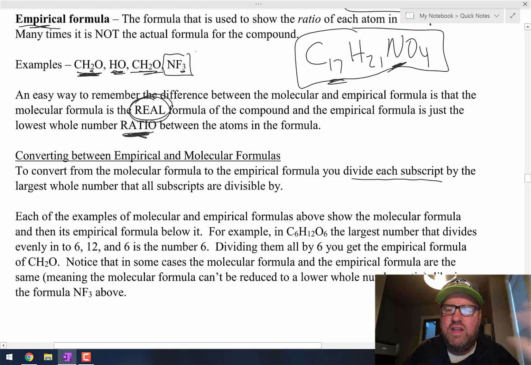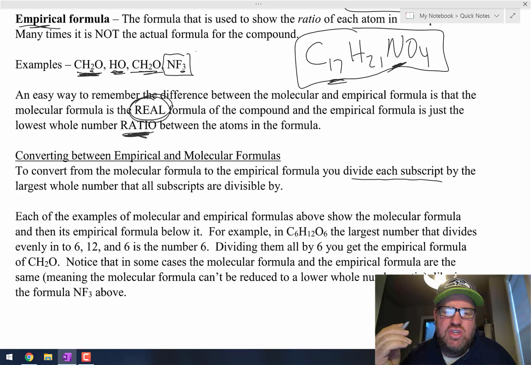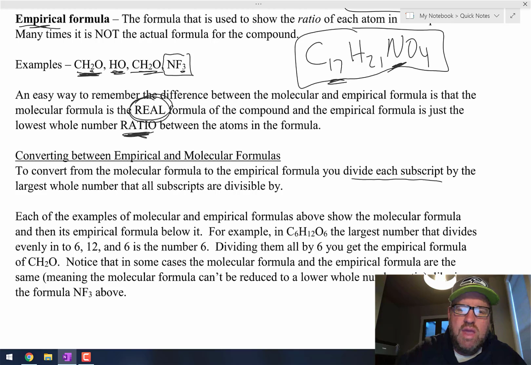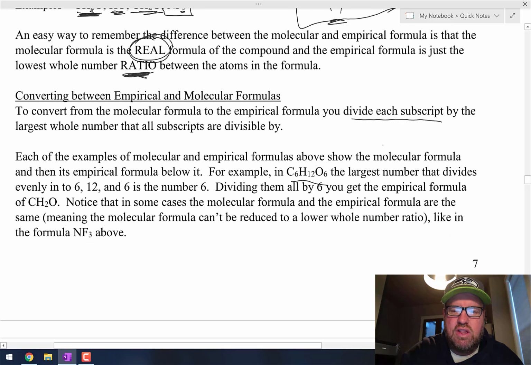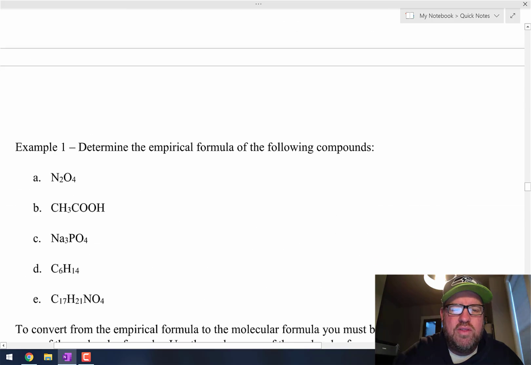So you divide each subscript by the largest whole number that all subscripts are divisible by. Okay, just like when you reduce a fraction, what's the biggest number that will go into all of those numbers? Okay, with C6H12O6, the largest number that divides evenly into those three numbers is 6. So you divide by 6, and then sometimes remember that the molecular formula and the empirical formula are the same.